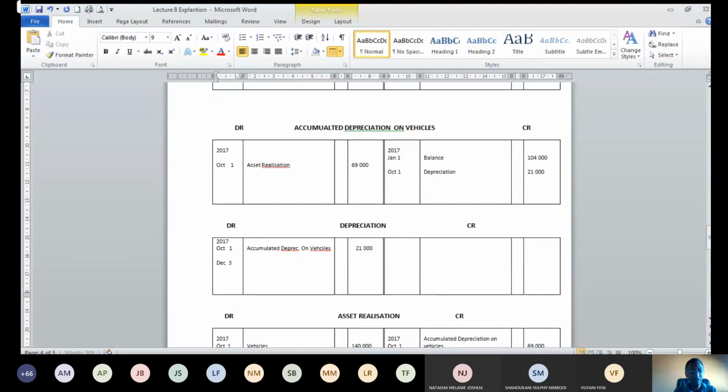So on the 31st of December, if I now account for my depreciation, I debit my depreciation account, and I credit my accumulated depreciation account.